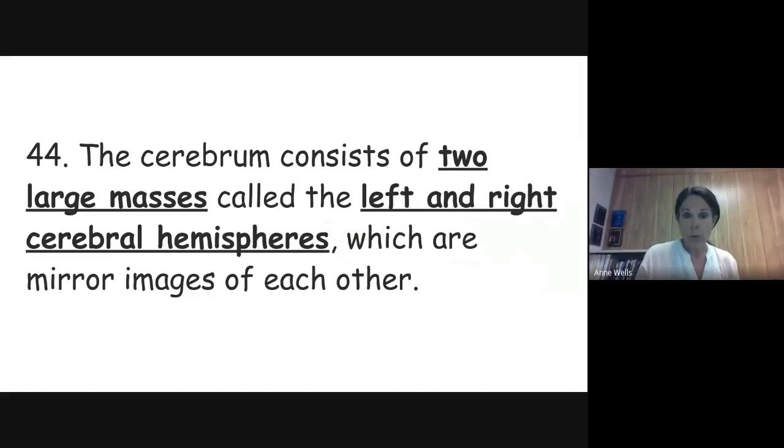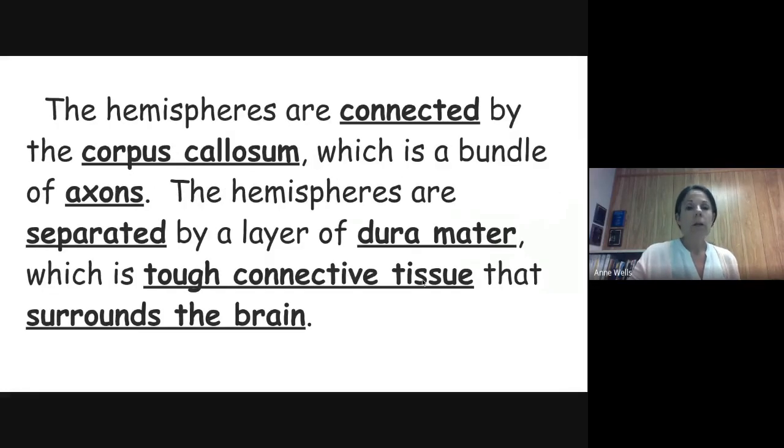You've probably heard of your hemispheres before, which are mirror images of each other. The hemispheres are connected by the corpus callosum, which is a bundle of axons. The hemispheres are separated by a layer of dura mater, which is tough connective tissue that surrounds the brain.